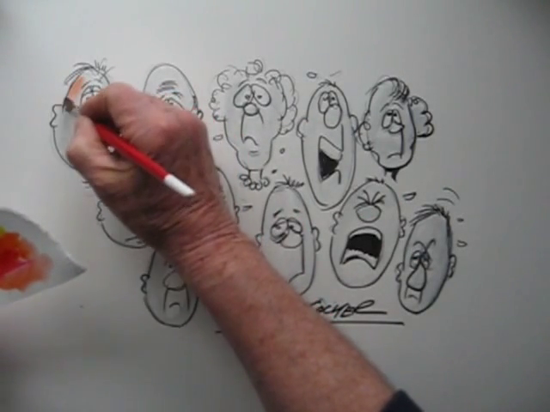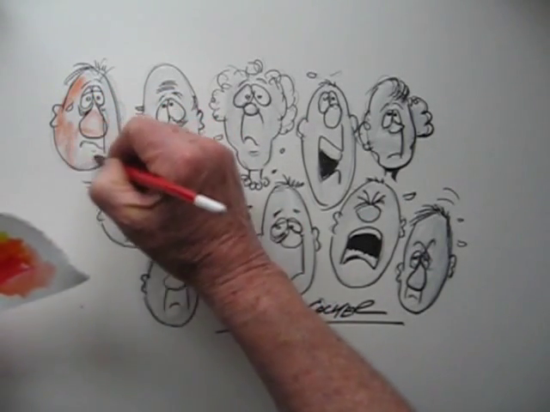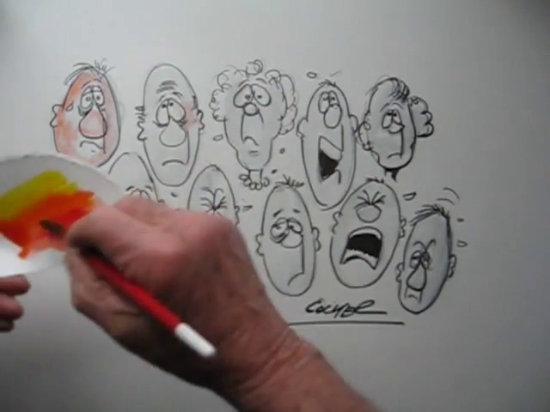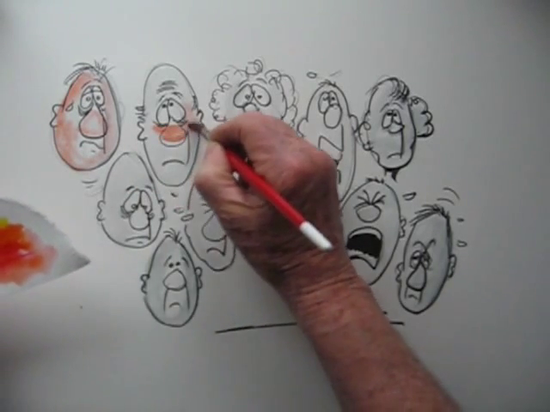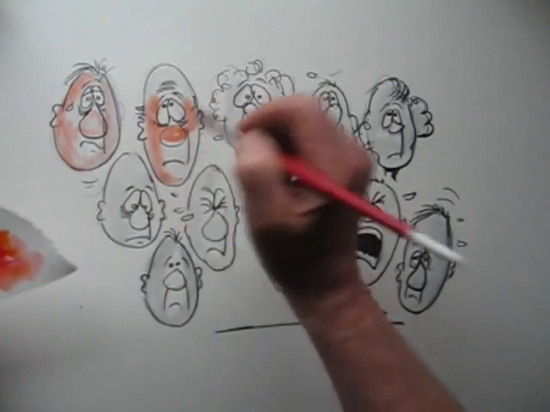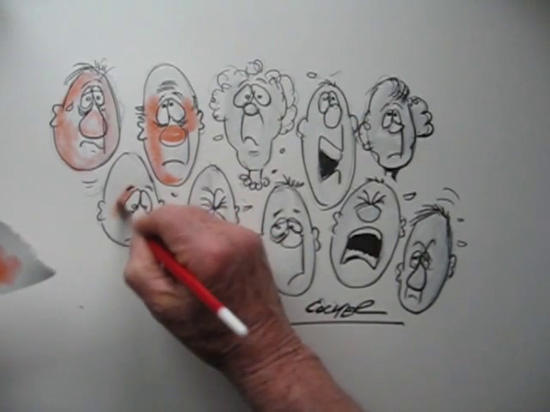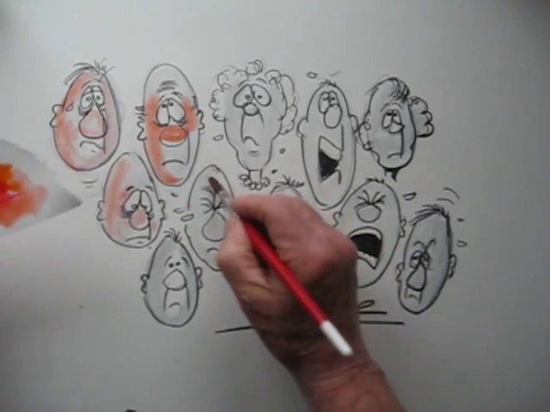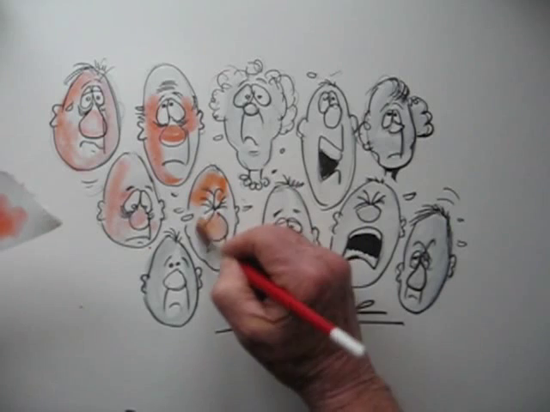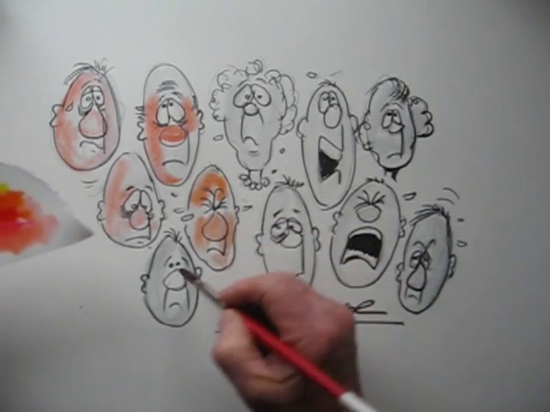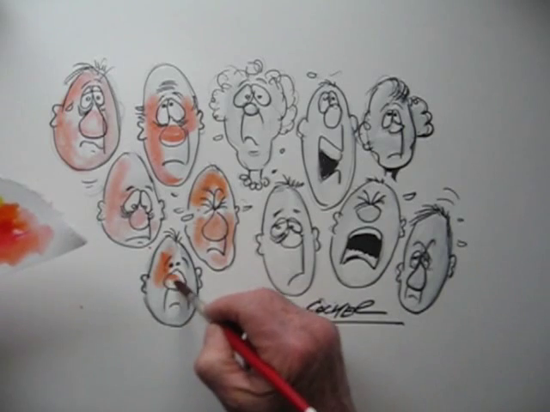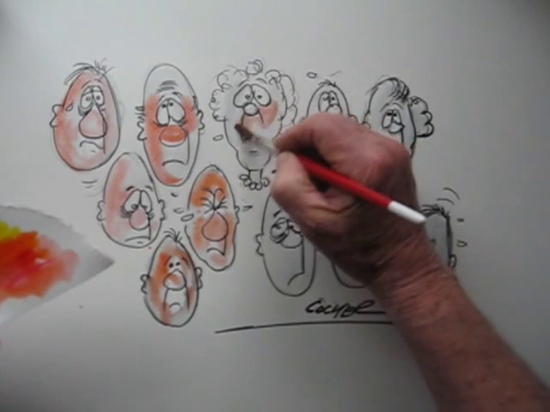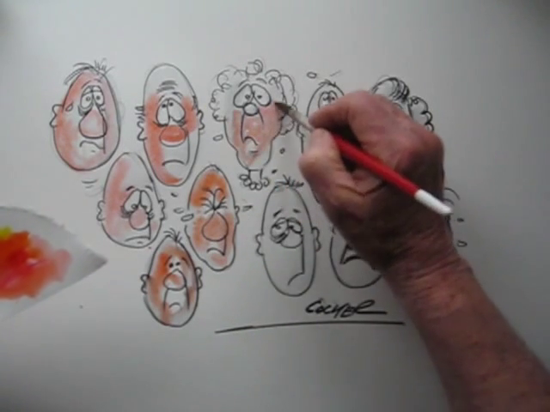And you'll see what a difference that makes to the drawing. You don't have to paint the whole face, just under the eyes normally, do the nose, just to give a little dash of colour to the drawing. And like I said, you don't need to paint the whole face, just give a little shadow. Making sure you don't paint over the eyes.